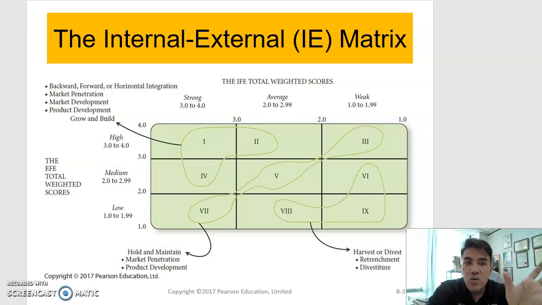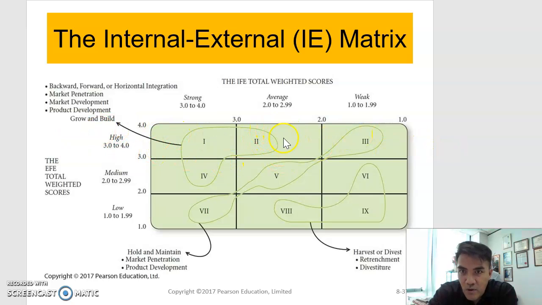So how are we going to use this? It's quite simple. You know the IFE as well as the EFE score for your company, and then you just need to plot. For example, if the IFE is within the range of 2 to 2.99, it should fall under this quadrant. And if the EFE is 3 to 4.0, it should fall under this quadrant.